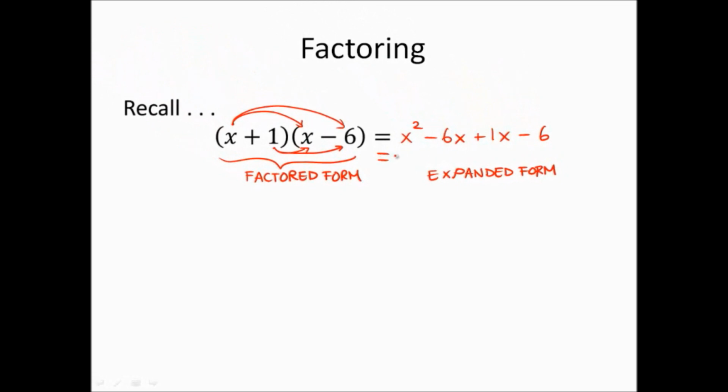And this can be further simplified by collecting the like terms. When you collect the like terms, you're adding up negative 6 and 1. And you'll notice if it's in this format, you're always going to be left with the two middle terms adding up. Negative 6 plus 1 is negative 5x, and we still have a minus 6. So here we have our expanded form.